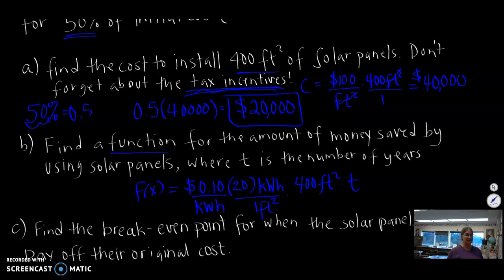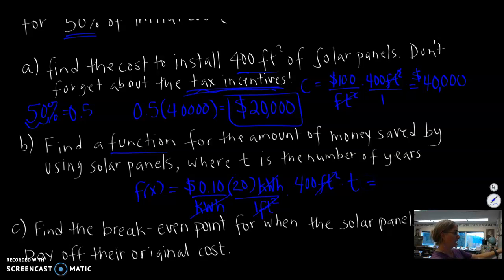If you look at this, the kilowatt hours cancel out, the square feet cancel out, and you're just left with a dollar sign. So we're going to figure out the amount of money saved with this function here, and multiplying across, it's going to be in dollars.